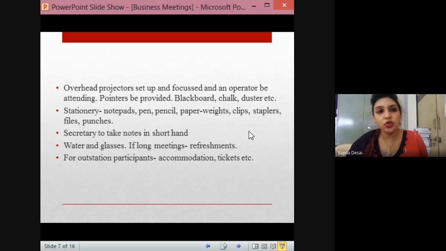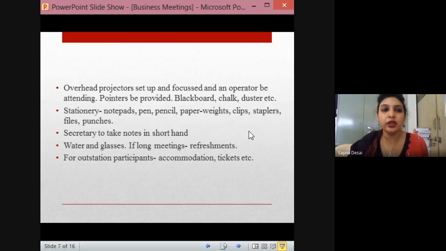After the meeting is over, within a time period of one week or so, the secretary will have to draft the formal minutes of the meeting. Minutes of the meeting are nothing but what has been done in that meeting, what points were discussed, and what conclusions were drawn. All this has to be in a written format.